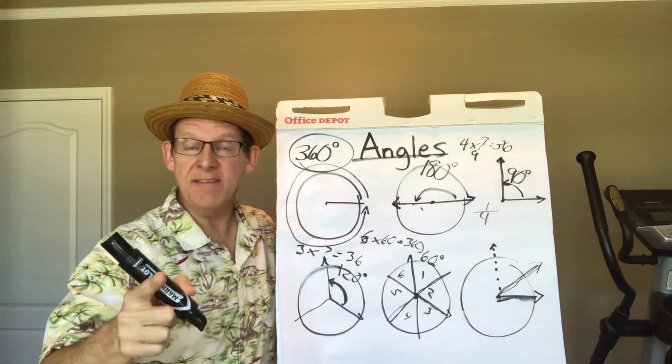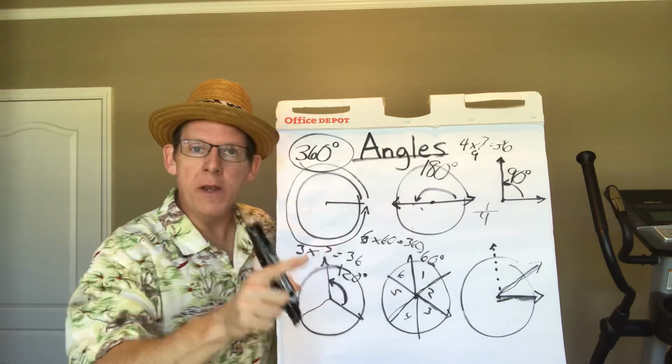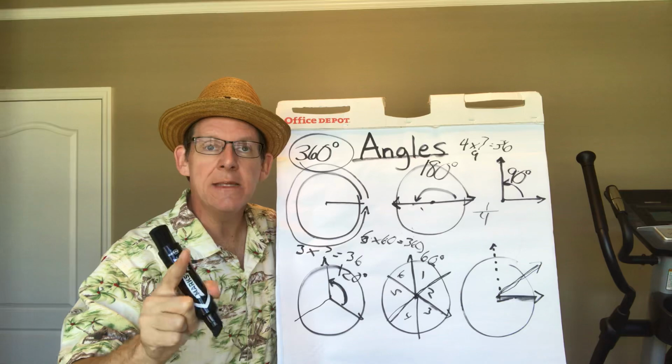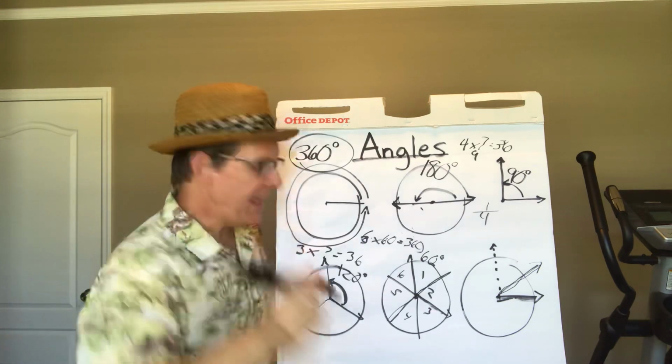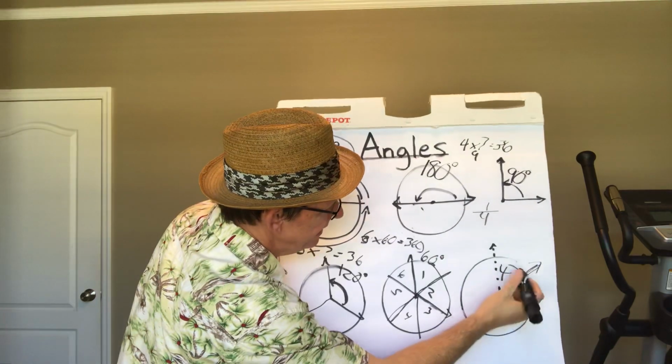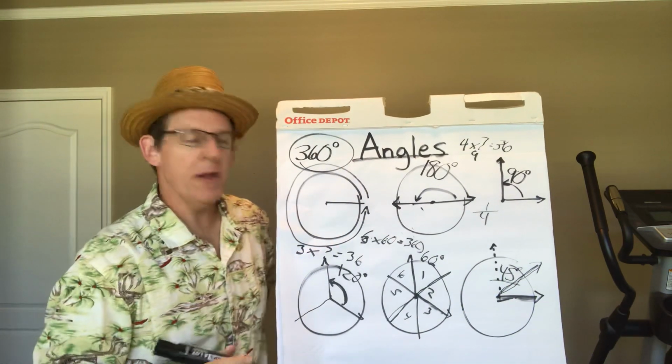Do you know what it is? Think about it. Half of 90. What plus what number equals 90? That's right. It's 45. A 45-degree angle.